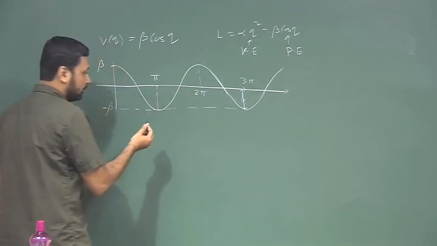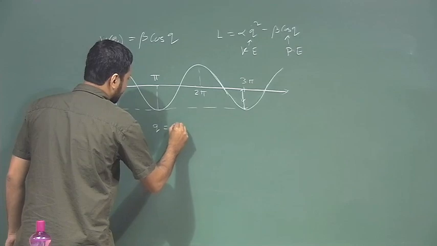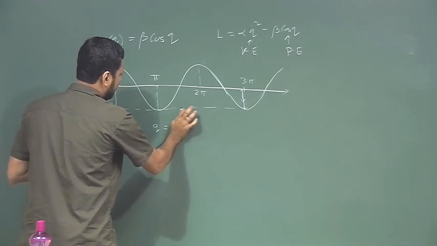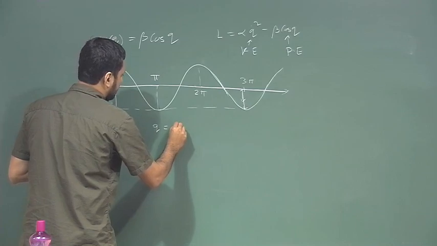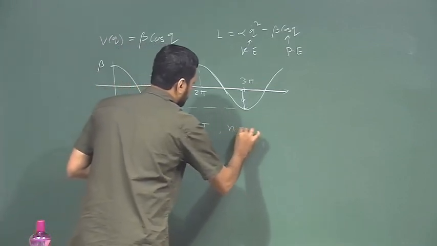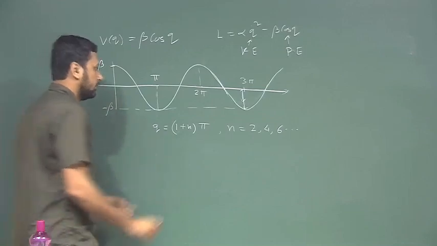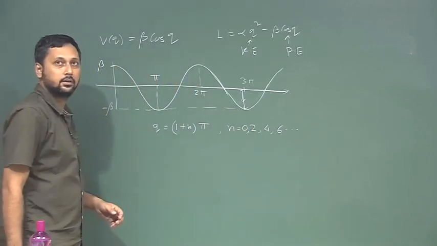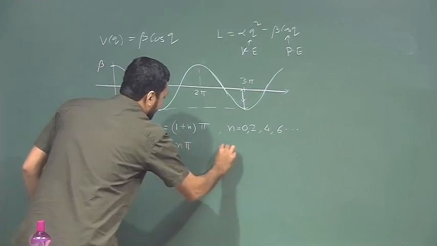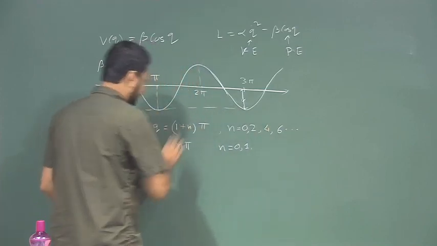So, we can say that the general position of minima is given by q equal to (1 plus n) pi, where n is equal to 0, 2, 4, 6.